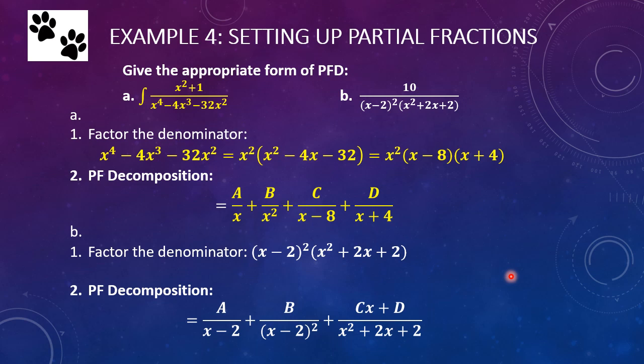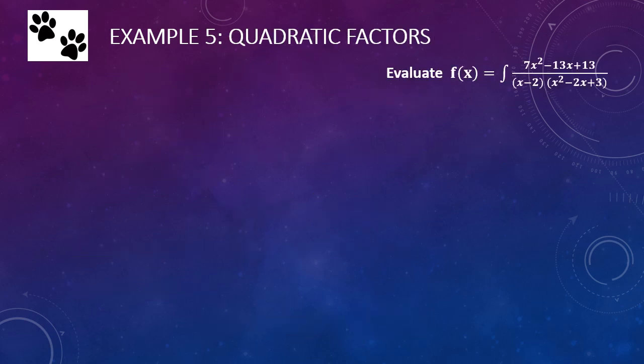So hopefully that gives you a little practice and insight into these different forms. And now we're going to actually practice solving one of these irreducible quadratic functions. So let's look at example 5, quadratic factors, taking an integral with some rational functions where there are quadratic factors in the denominator.